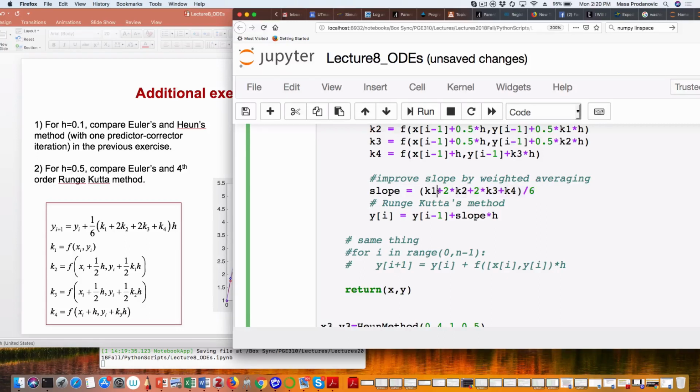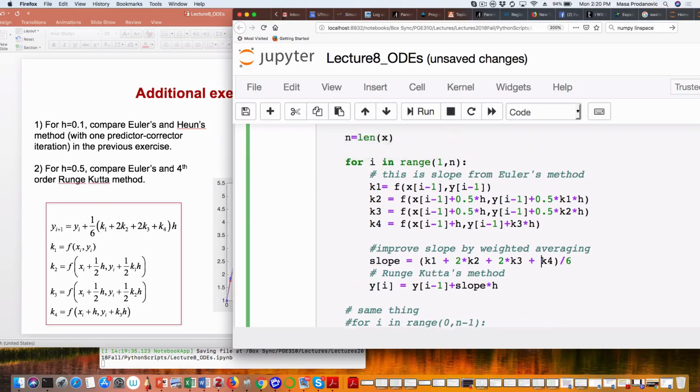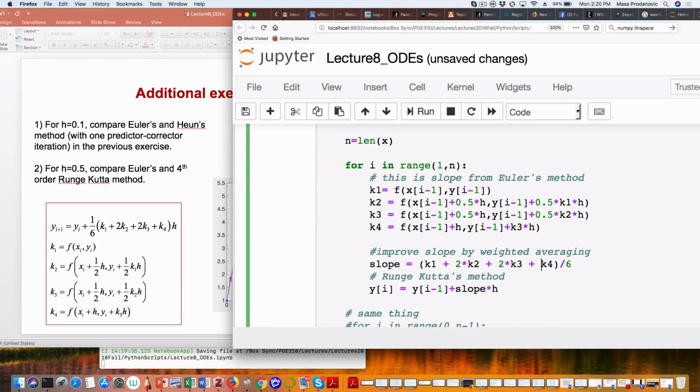12216. I should leave more empty spaces so it's easier to debug. Spaces help with readability. F of xi. Next one, 0.5h, 0.5h, h.